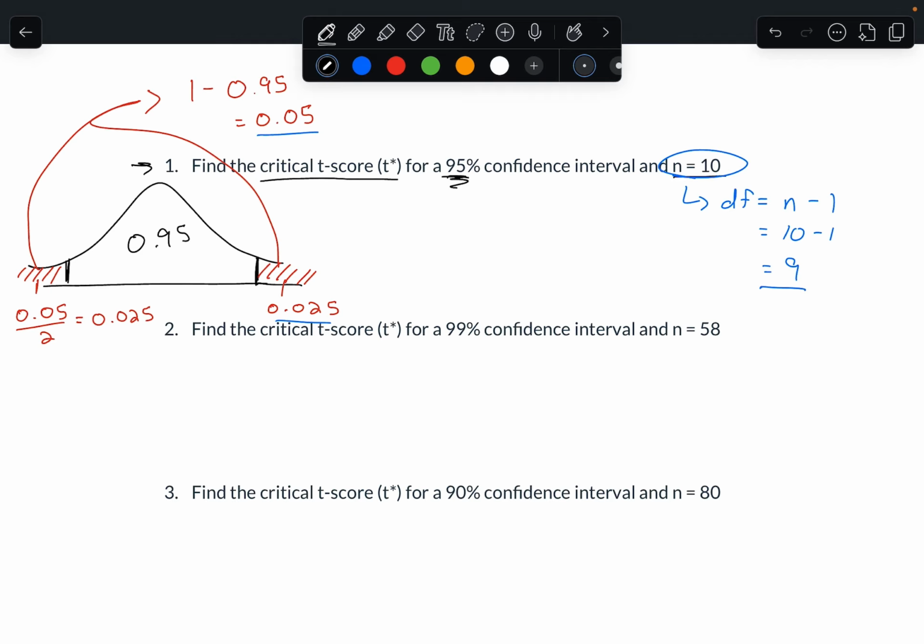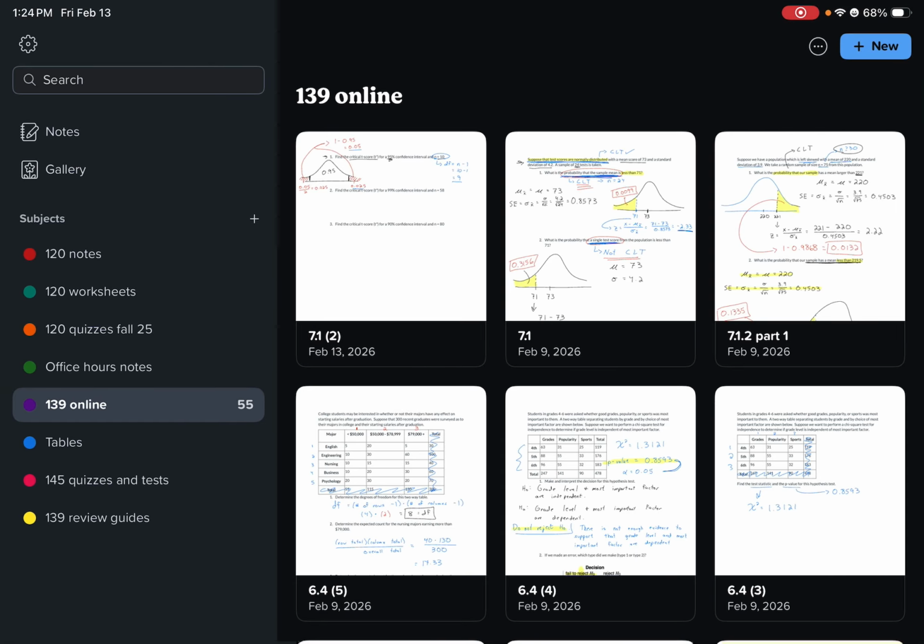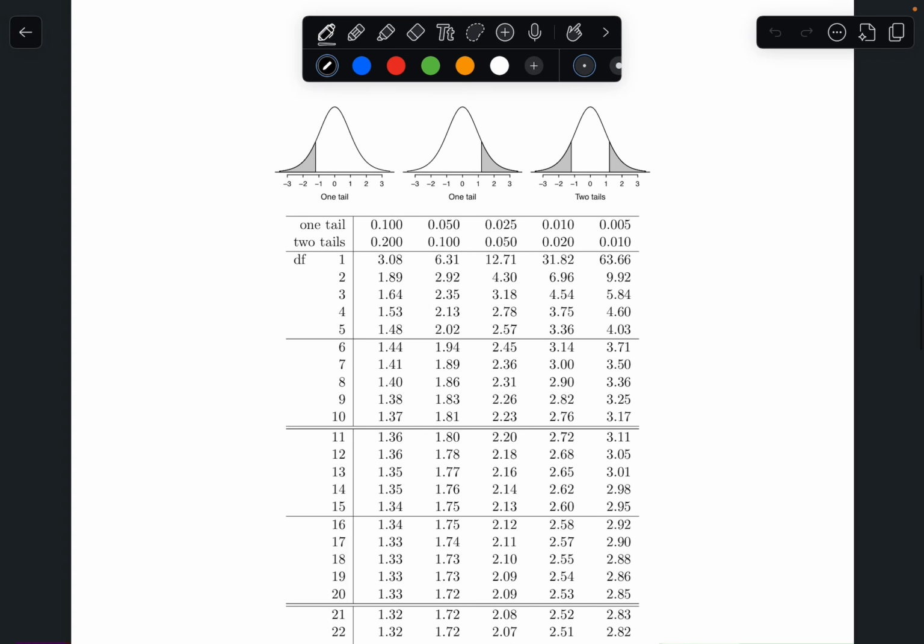So I'm going to hop over there real quick. We said, first of all, 9 degrees of freedom. If you look at our table, it should look pretty familiar to what we've been talking about in the chi-square table, where over here on the left-hand side, we've got all of our degrees of freedom. So we're looking at 9 degrees of freedom, which means we really only need to pay attention to this row right here.